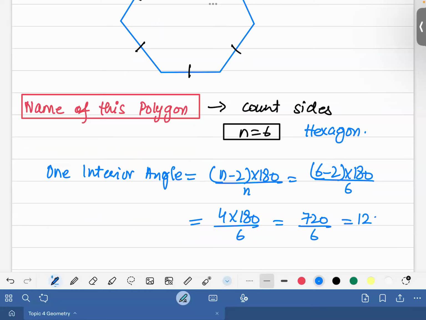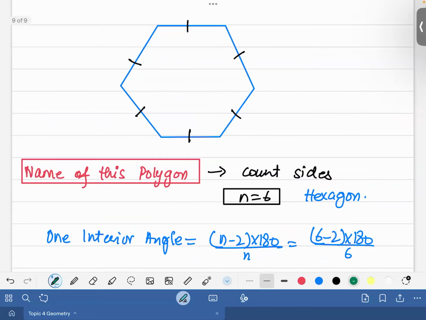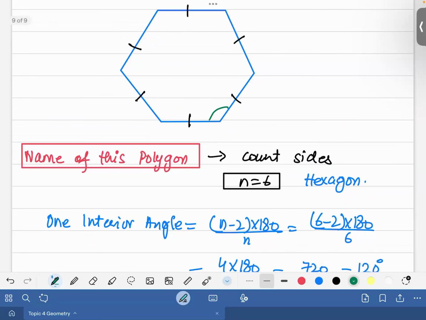So the answer is 120 degrees. Am I right? Yes, sir. So I got 6 interior angles and all the angles are 120, 120, 120, 120, 120 degrees each.